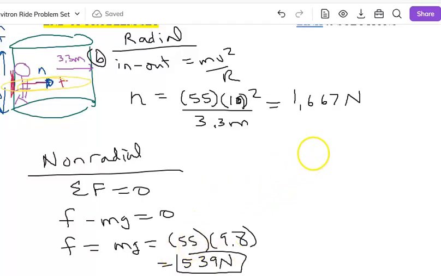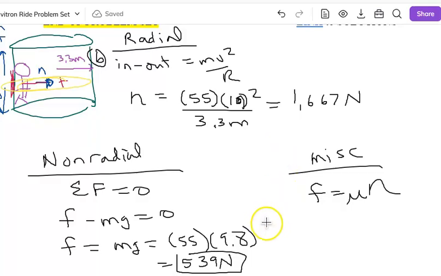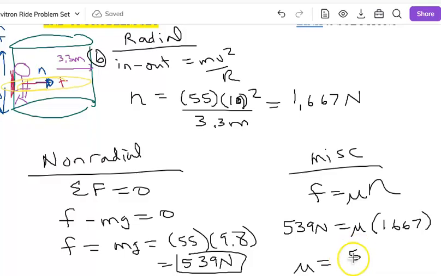But we have to do our miscellaneous, because what we want to know is what is the coefficient of friction. So we're going to use the fun formula that the friction that we need is 539 newtons. We're looking for mu, and the normal force is 1667. So mu is going to be 539 over the 1667, or 0.323.